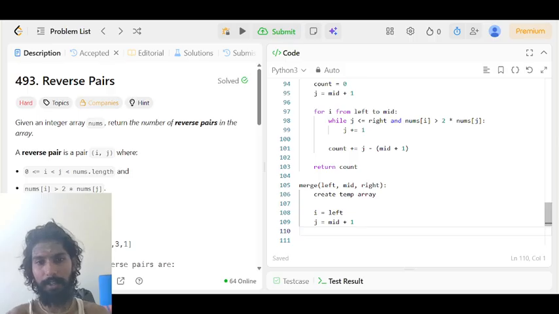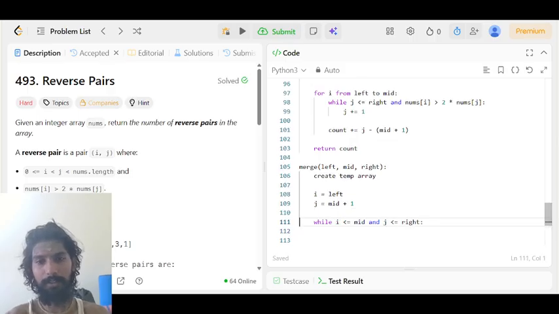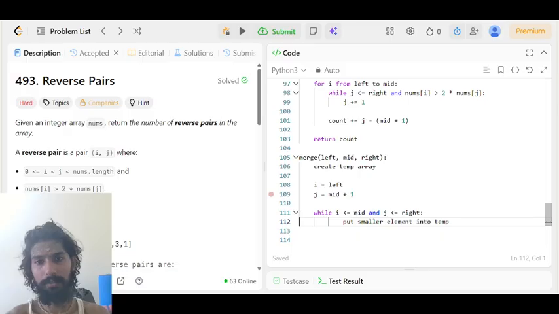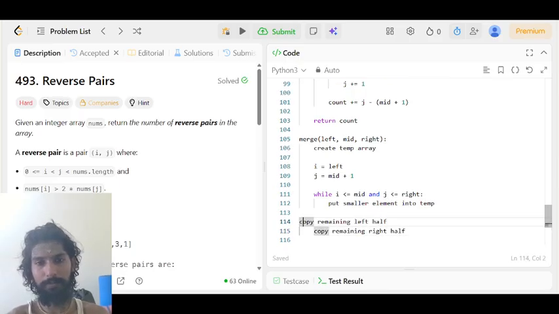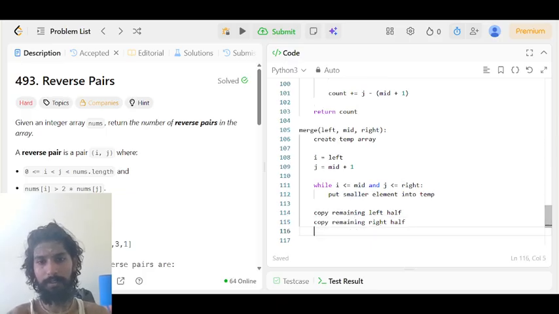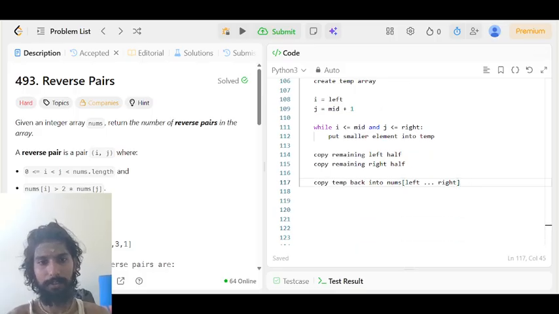Then while i is less than or equal to mid and j is less than or equal to right, put the smaller element into temp. Now we copy the remaining left half and remaining right half. Finally, we copy temp back into nums[left] to nums[right]. So that is it. This is our pseudocode.